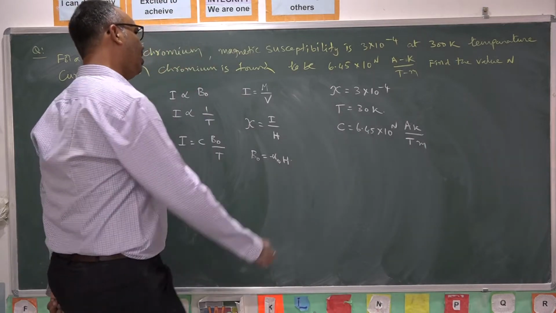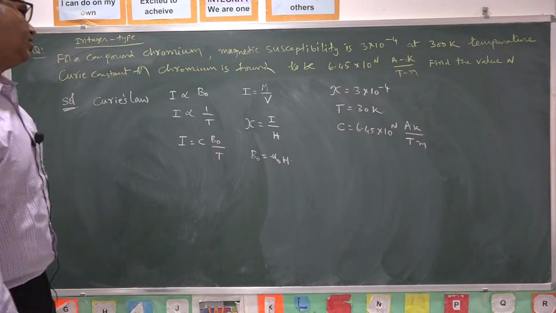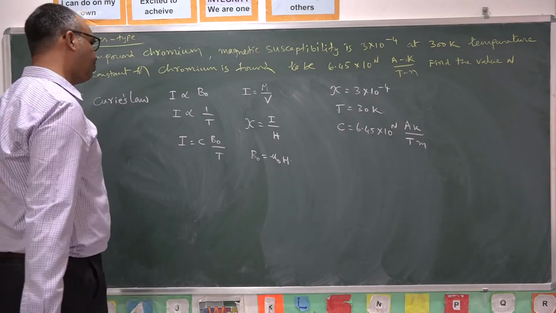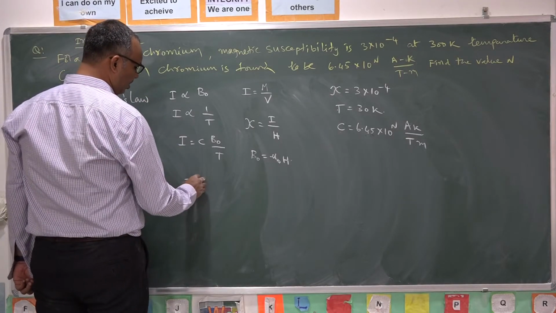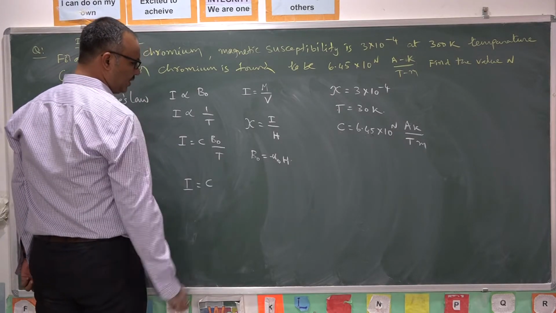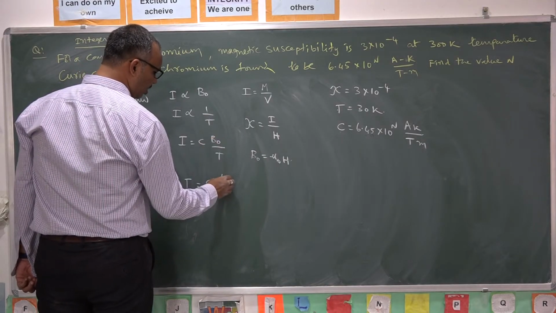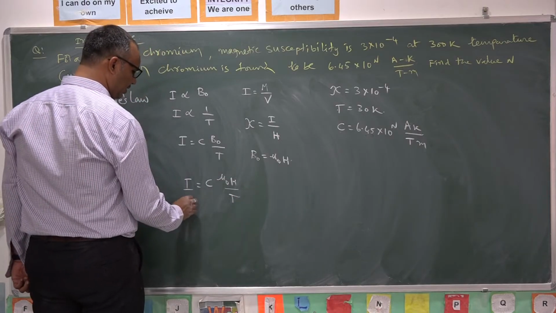In order to relate chi, T and Curie constant, I mix these formulae like this. Intensity of magnetization is equal to C into, in the place of B naught, you can write mu naught H by T. That H you bring this side.